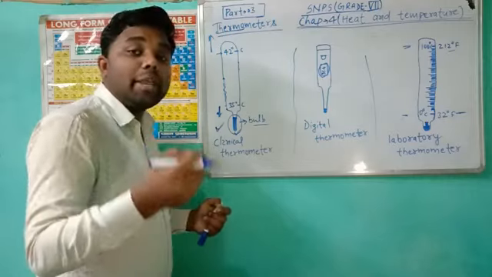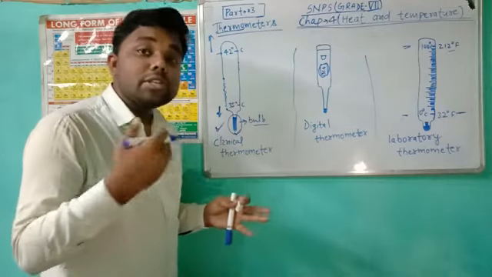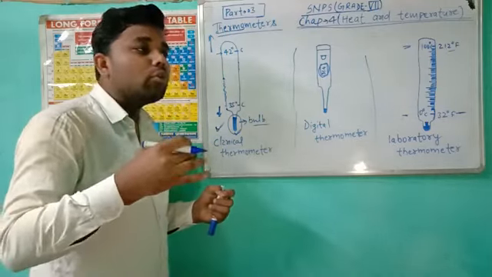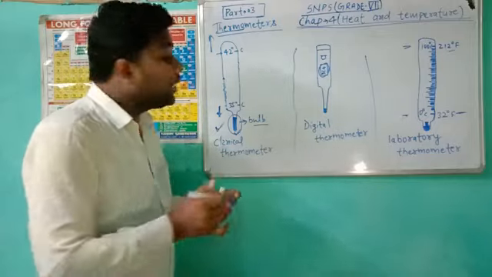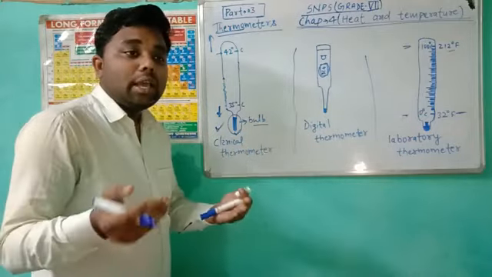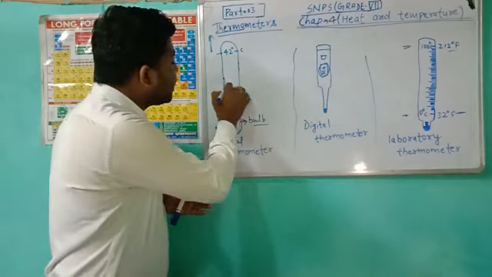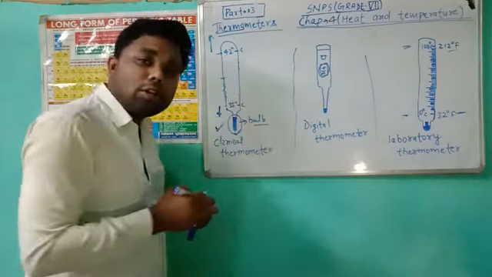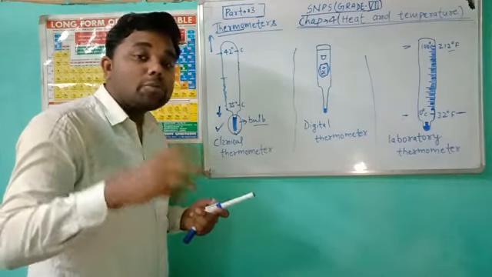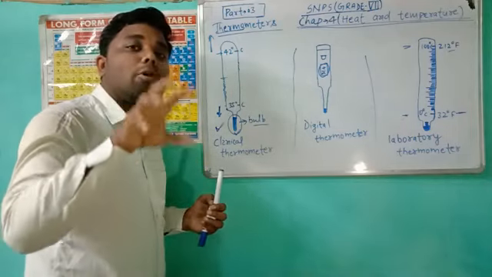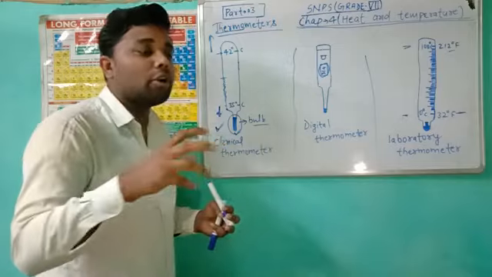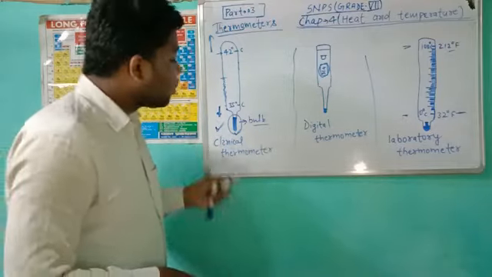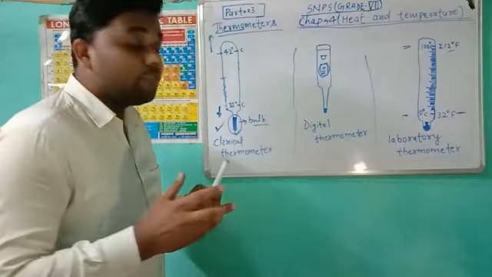Scientists have made the thermometer in such a way that the mercury takes some time to settle down, and in this time period we can easily observe the level of the mercury and see how much temperature a body has. So it's all about the thermometer.